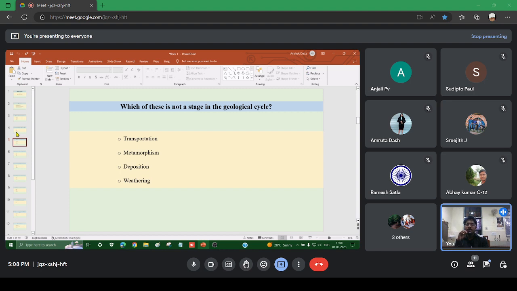I repeat the question and the options. Which of these is not a stage in the geological cycle? The options are transportation, metamorphism, deposition, and weathering.